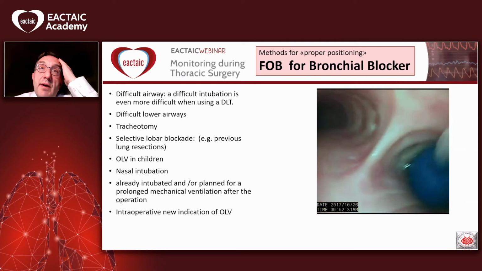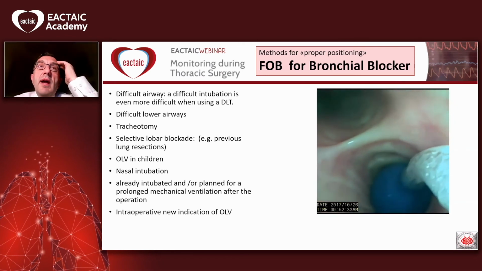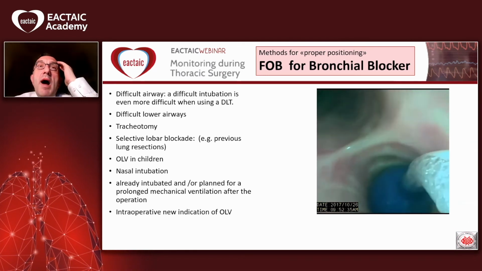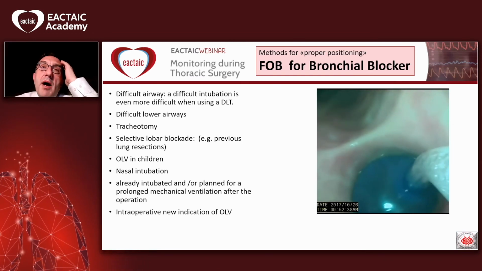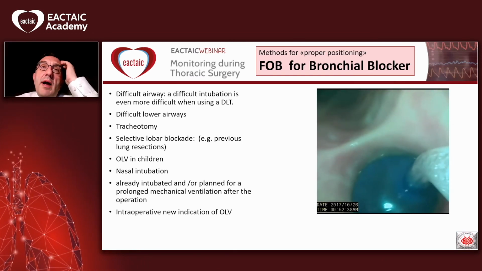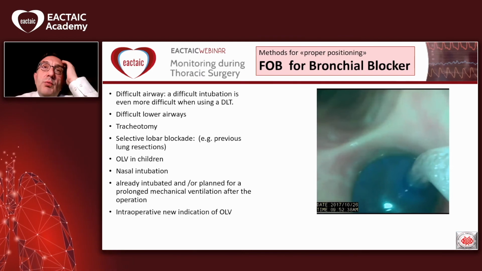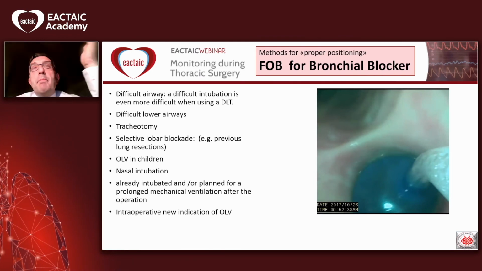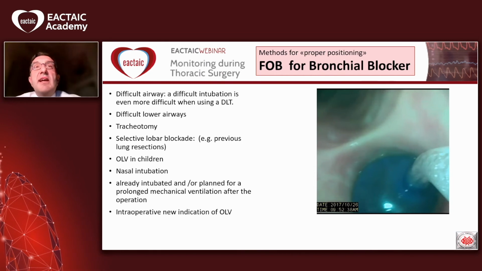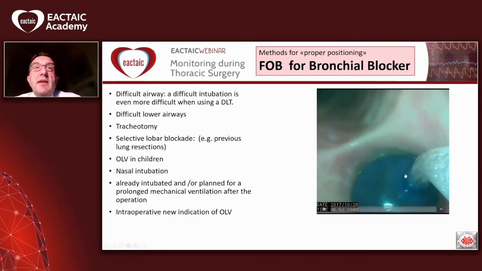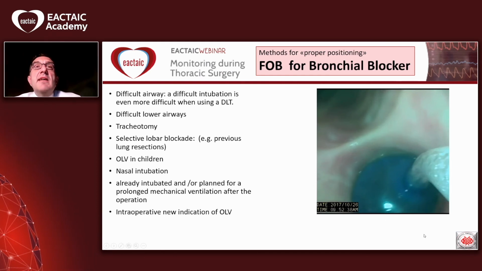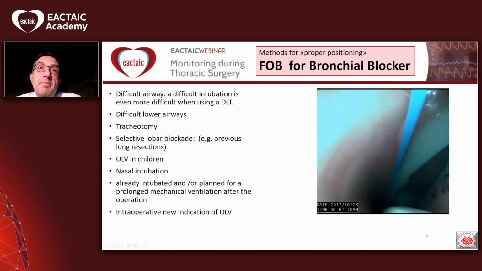And moreover, as you can see here, you can be sure how much volume, this is a very common question, how much volume do I need to block with a bronchial blocker? For me, the perfect answer is see. Just see and judge for yourself. This is now the correct positioning, and it is now sealed. The correct sealing of the lung with bronchial blocker.